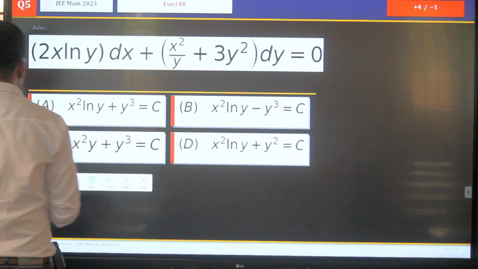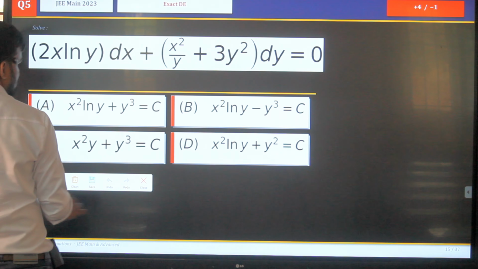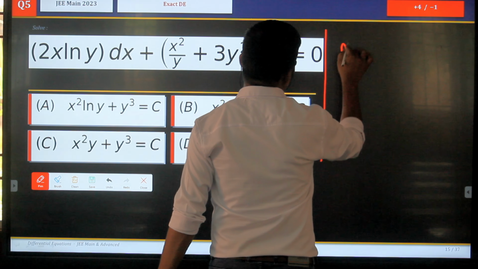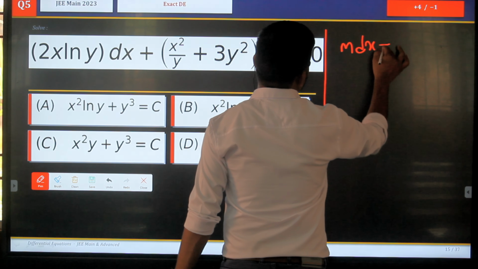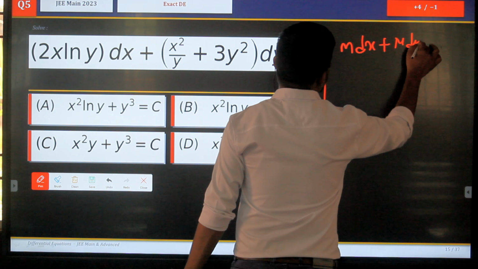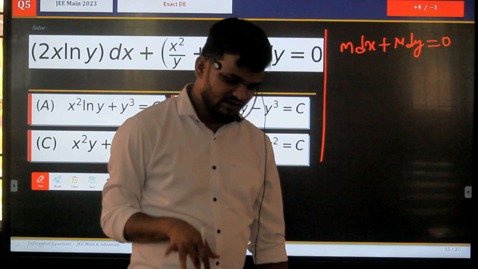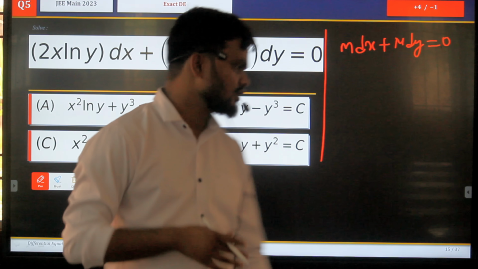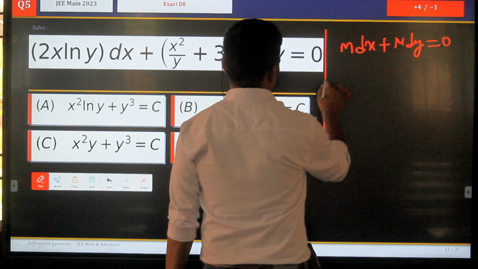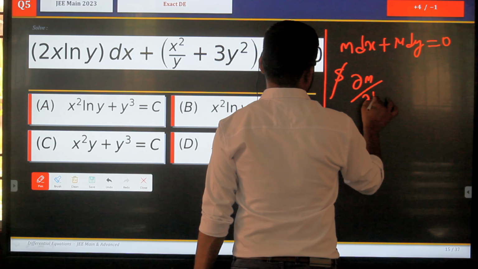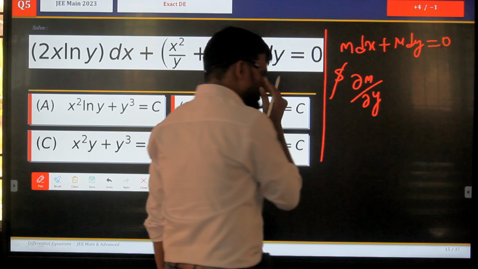What does exact differential equation mean? If a differential equation is of the form M dx plus N dy is equal to 0, where the coefficient of dx is M and the coefficient of dy is N, and dou M by dou y, you may have studied this symbol in physics.